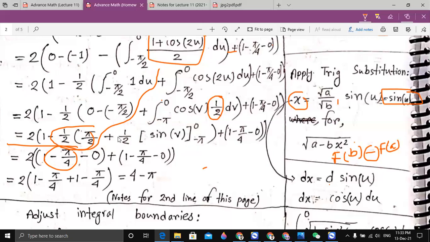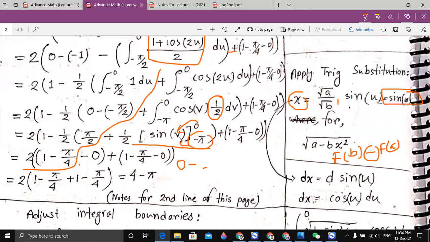So now we are calculating this part, okay. Substitute back 0 here. So it will become sine 0. Sine 0 means 0. And minus, substitute minus pi here.